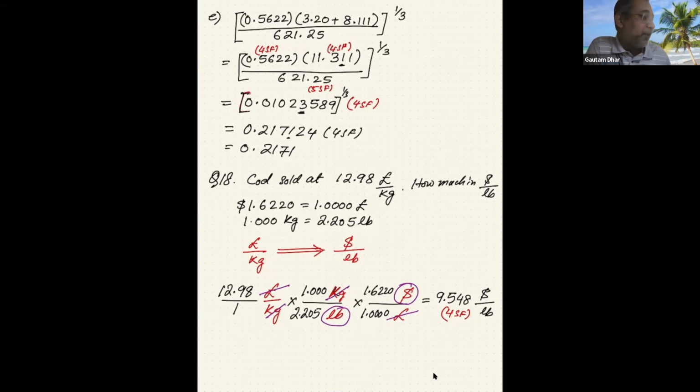Given the conversion factors, you have to convert the pound to dollar and the kg to pound. Actually, it's a two-step conversion, but you have to follow the units. When you are doing it, your pound should cancel out. You have to put the conversion in such a way that the pound cancels out, and the kg cancels out, and gives the answer per pound.